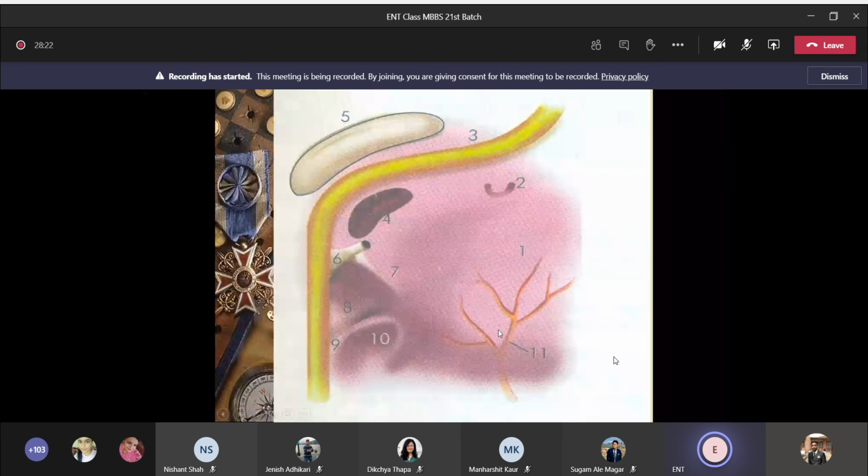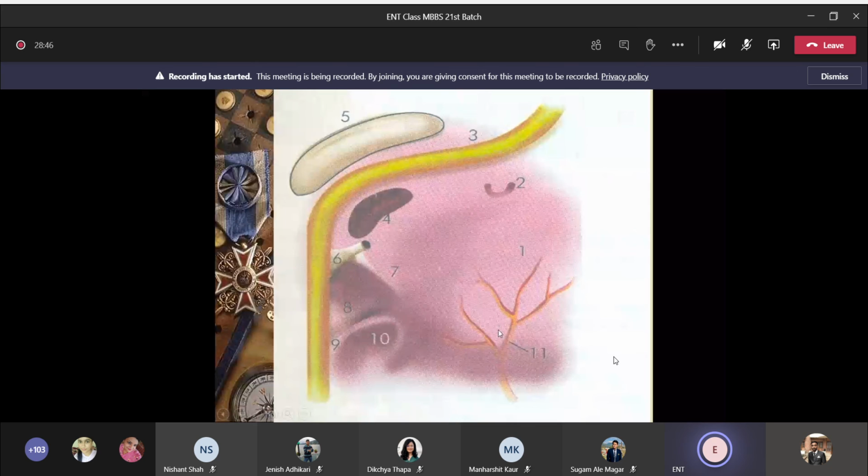This is the anterior wall, and this is the floor. The floor is also related to the internal carotid, and this is the posterior wall.